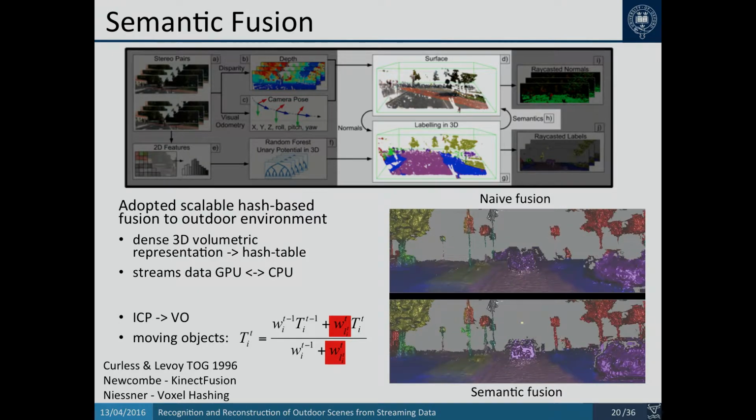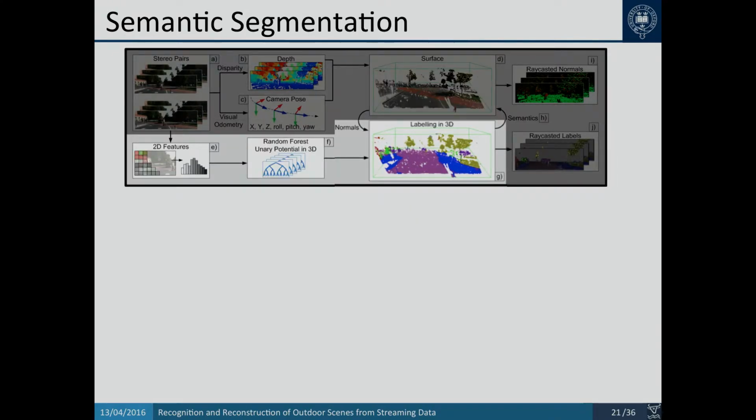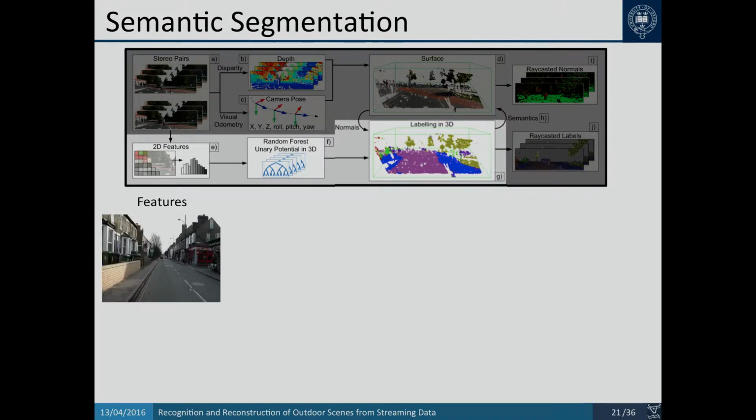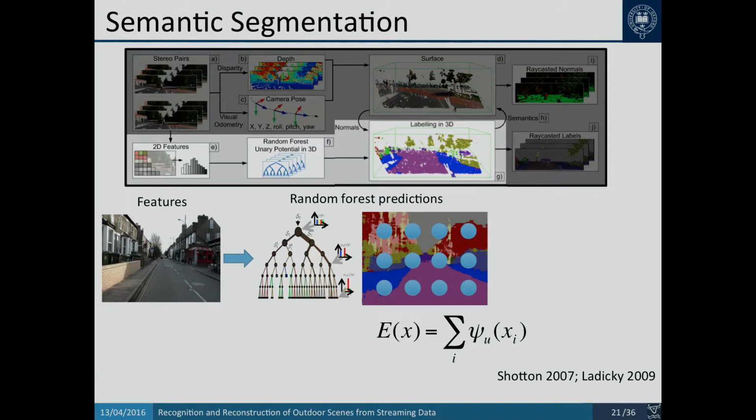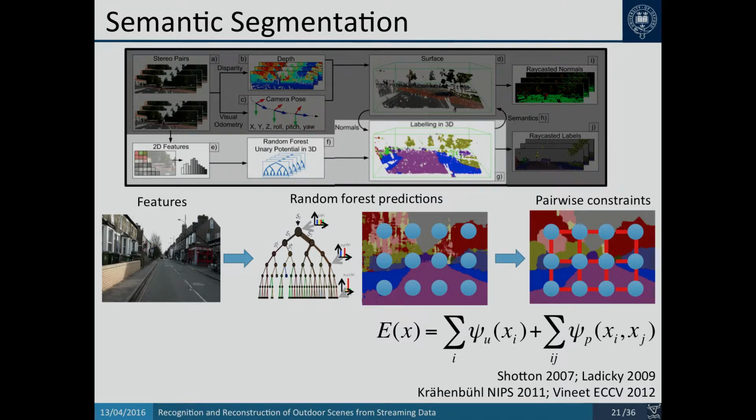The last part of this pipeline is the actual semantic segmentation. For this one, we use the standard features such as LBP or HOG. For the data term, we use a random forest classifier because it's very efficient. And then we use a densely connected volumetric CRF, which is defined on top of our 3D model.